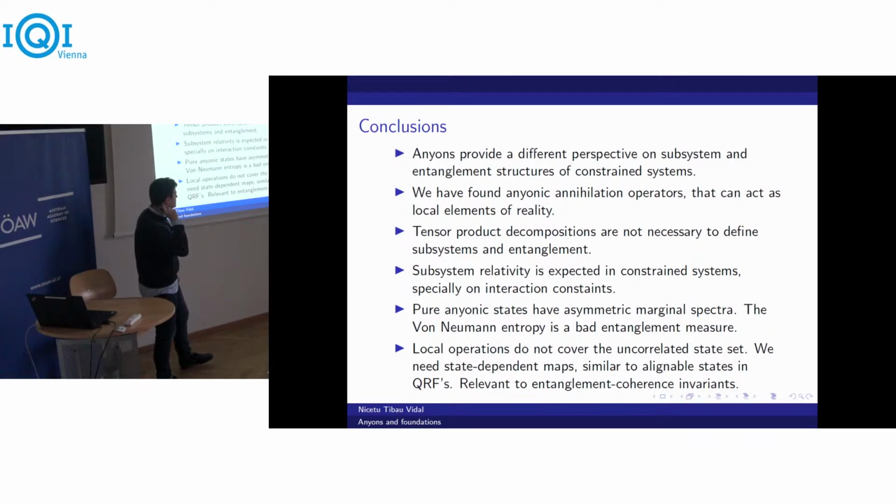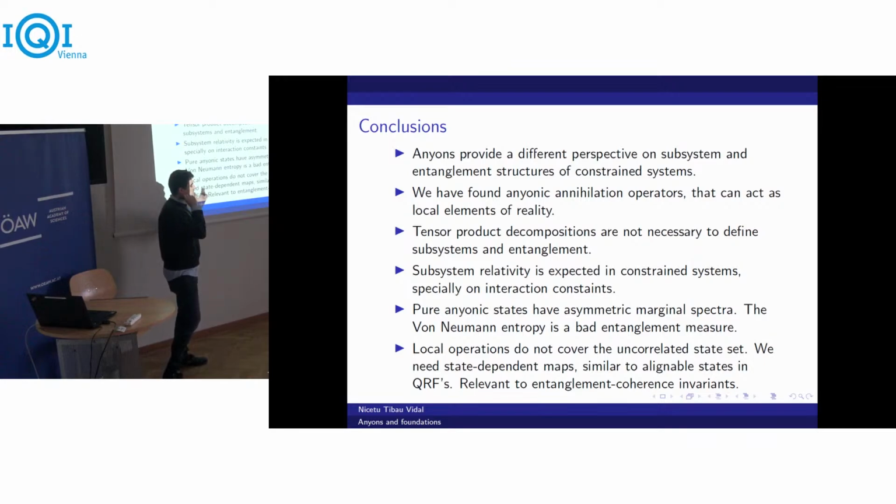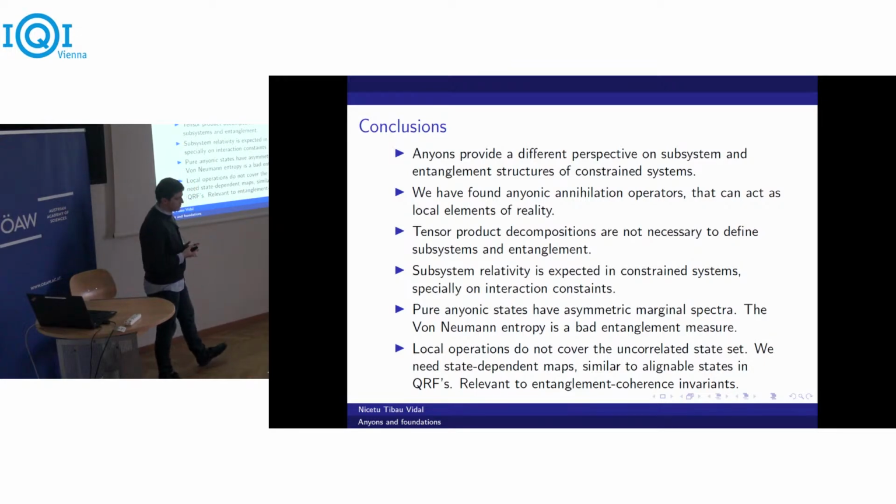Maybe this result is especially relevant if there are projects where, when you change reference frame, you want to quantify the entanglement versus coherence trade-off. It's necessary to have these mappings completely specified, and you want a good entanglement measure to quantify entanglement in these kinds of systems.